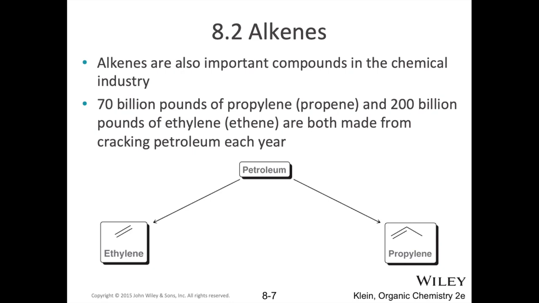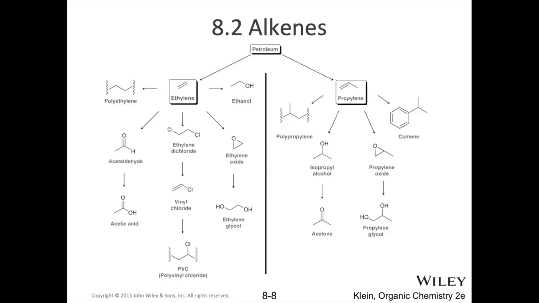Back in the chapter on alkanes, when we first started talking about hydrocarbons, we talked about how we could acquire these from crude oil. Alkenes are also acquired in that same process. They're often the products of cracking crude oil or petroleum. So you can see that they are pretty good starting points for a lot of reactions.